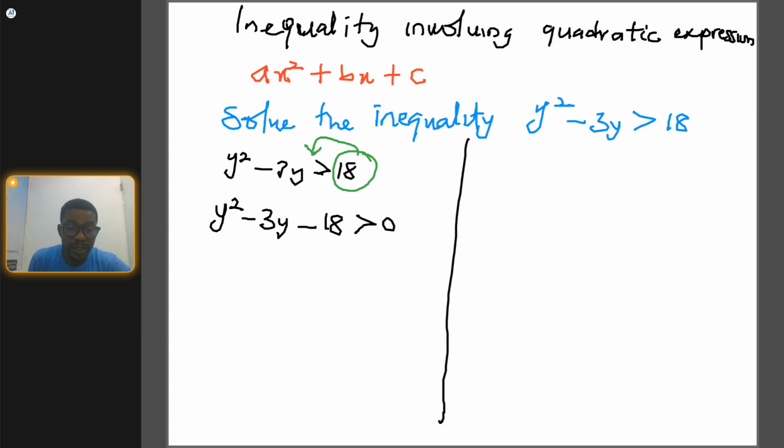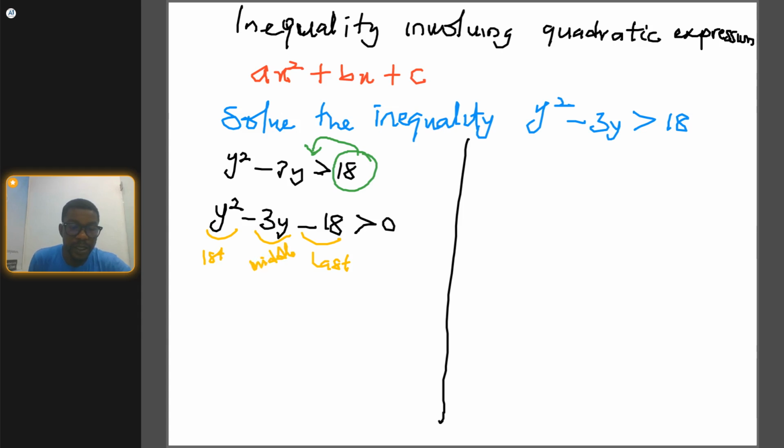To do that, we are going to take the product of the first and the last term. This is the first term. This is the last term. And this is the middle term.